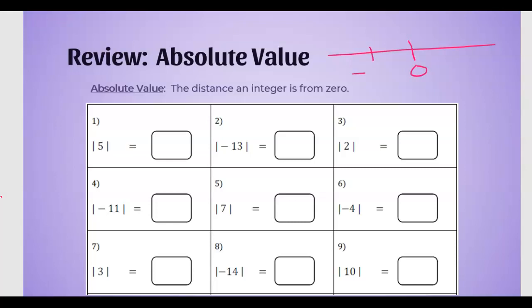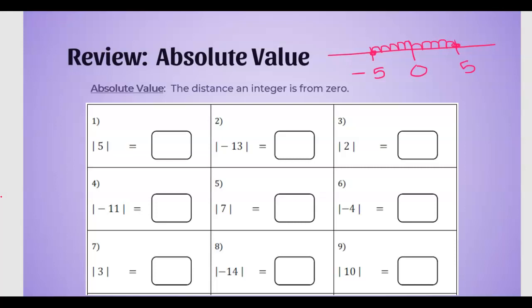Here's -5. And here's +5. They're both 5 bunny hops away, 1, 2, 3, 4, 5 from 0. They're both 5 bunny hops away from 0. So when we talk about absolute value, we're just talking about distance on the number line.